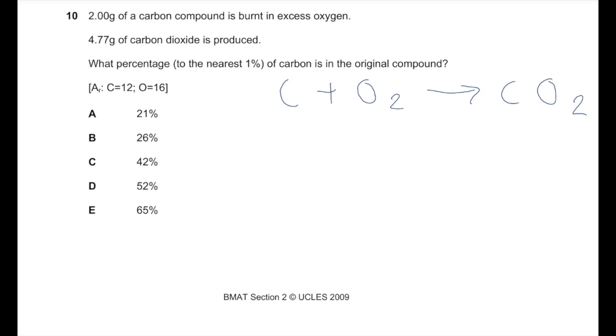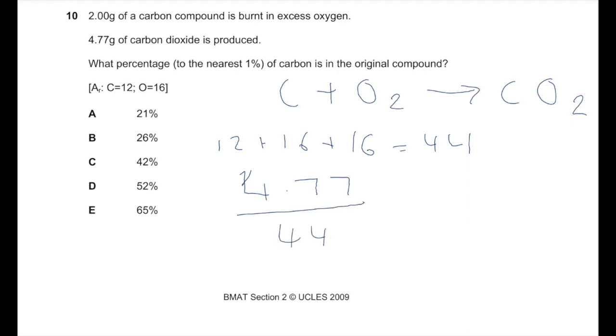The MR of CO2 is 12 plus 16 plus 16, which is equal to 44. Using this information, we could calculate the moles of CO2, which is mass over MR. So 4.77 over 44 is equal to the moles of CO2.